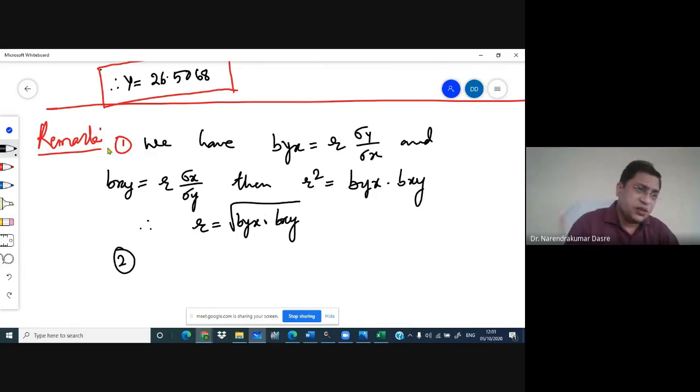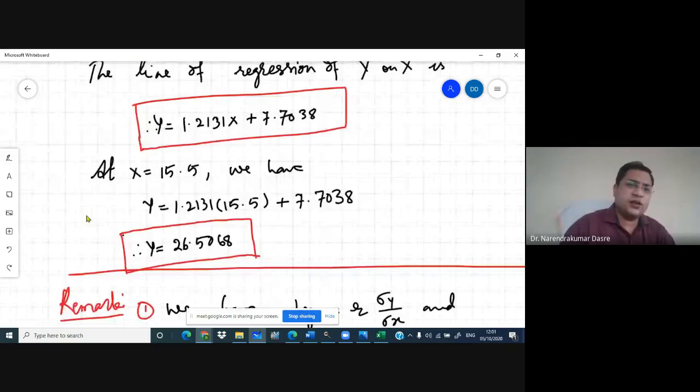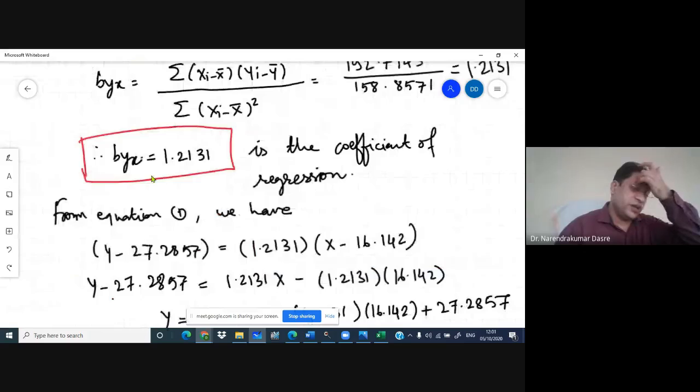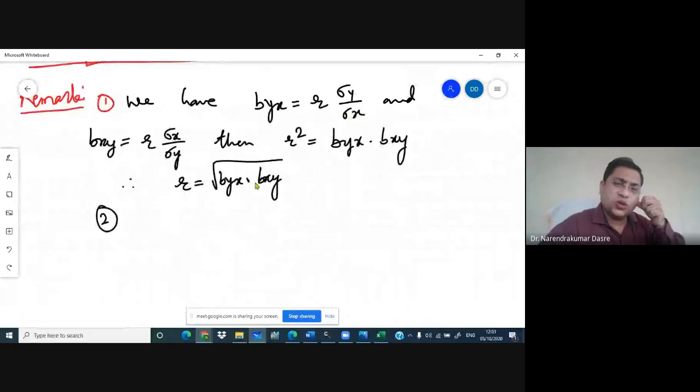Okay, so when this will be possible, see that we have seen the coefficient of regression. So we got this value to be positive. We also solved the previous problem and we got the values to be positive. So R is the square root of this, so that means R square has to be positive.